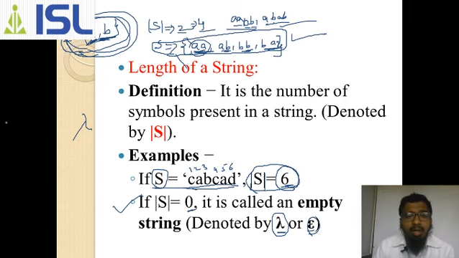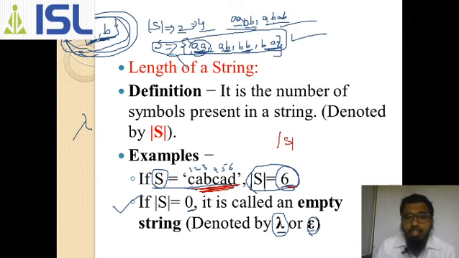Next, the length of the string. What is the length of the string? That is also an important thing. So here 1, 2, 3, 4, 5, 6. So here the length of the string is 6. How will it be denoted? As mod s, called length of the string, where s is a string.